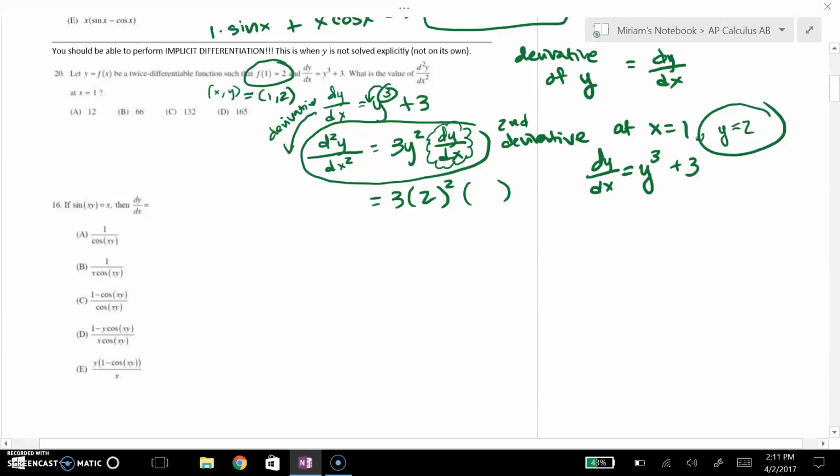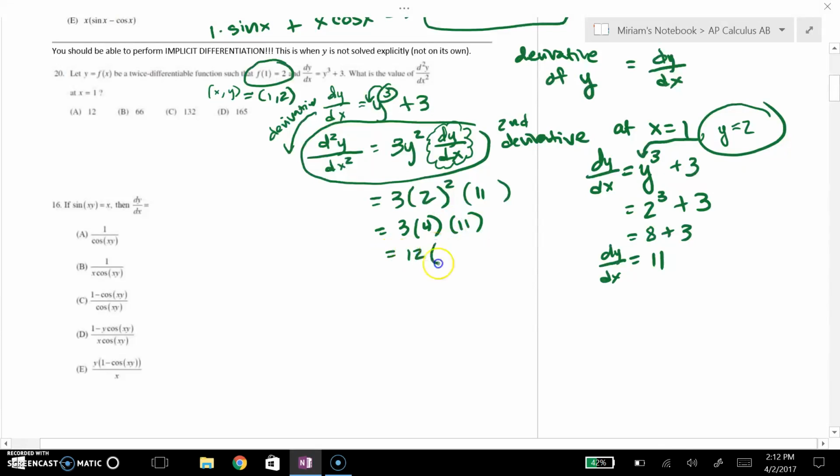We can simply plug in 2 in here and find the exact value of dy over dx. Okay, so 11 goes here. So that becomes 3 times 4 times 11 becomes 12 times 11, which will give us 132.